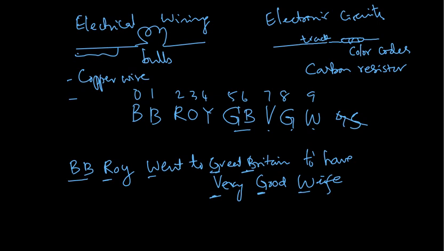Silver is to be multiplied with 10 to the power of minus 1. That means this is 22.2. We got 222, correct. So that is 2200.